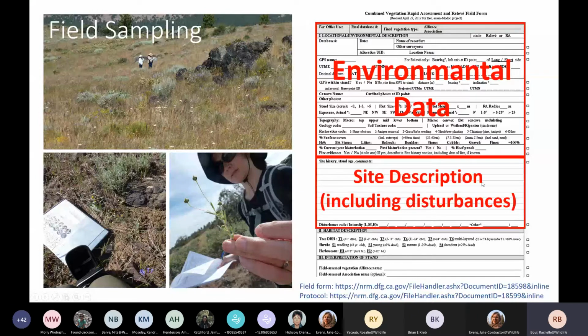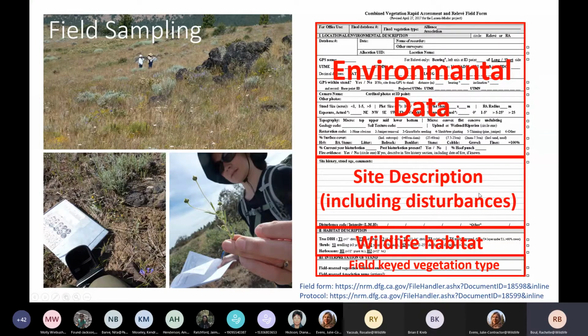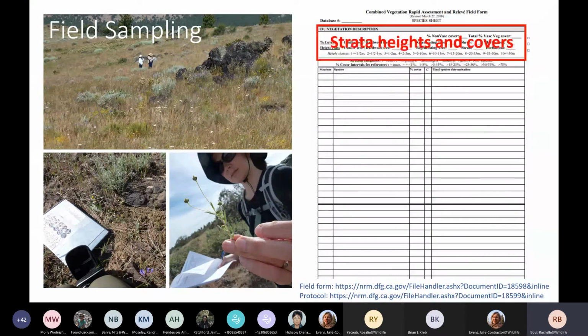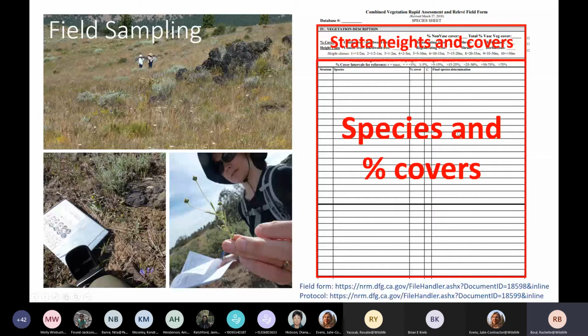A general narrative description of the stand and any other interesting things about it. Information that tells us more about the wildlife habitat relationships, a field assessed vegetation type, and then strata, covers, and heights, and of course, species and cover values for those.